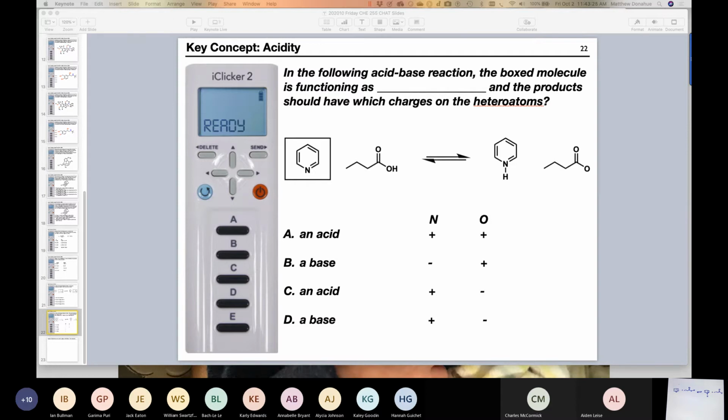So it's definitely not A or C, because the first fill-in-the-blank there says acid. So we're stuck between B and D. Again, the formal charge part is, if you're considering that the heteroatom is no longer in its neutral state, what should the formal charge be if nitrogen is gaining a bond and oxygen is losing a bond?